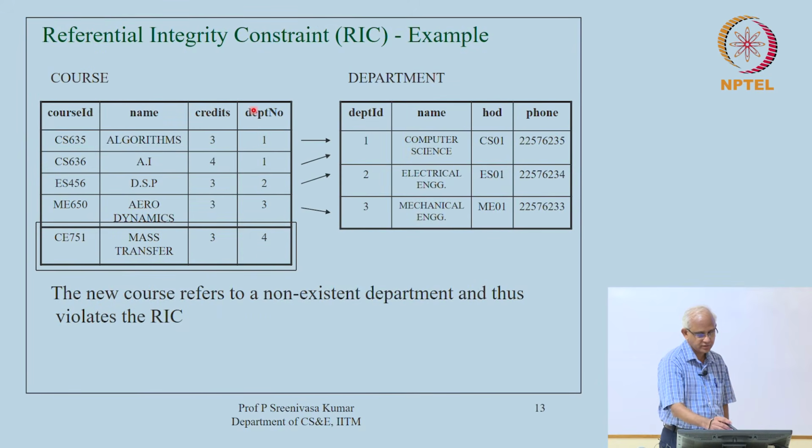Here is an illustration of the violation of RIC. Supposing we have seen these course and department relations earlier. Now somebody has come and introduced mass transfer as a new course and said that it is being offered by department number 4, and when I look up the department relation, there is no department with department ID equal to 4.